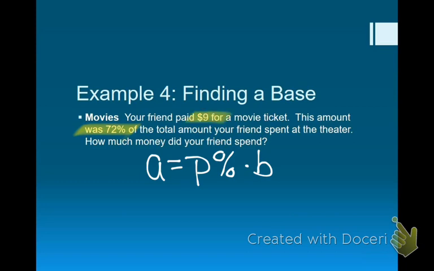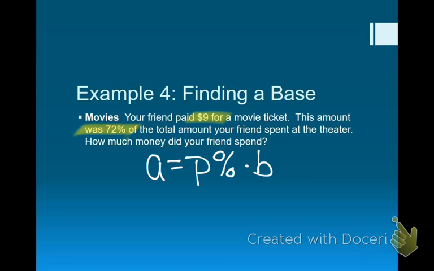Now I have to decide, is $9 my A value or my B value? Is it part of the total or is it the total amount spent? It's a part of the total. It says here that it makes up 72%. Now, if it had said $9 makes up 100%, then yes, that is the total. You see that?